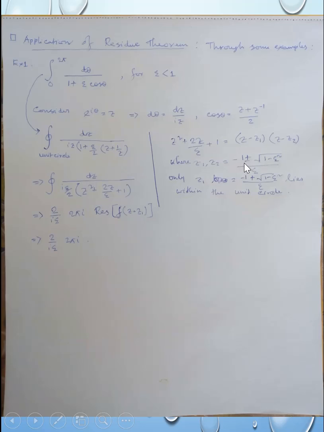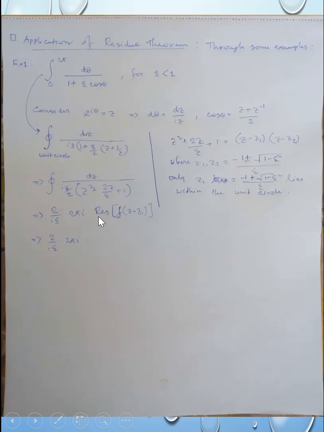Now you have to see whether the roots are inside the circle or not. Only one root, that is minus 1 plus root over 1 minus epsilon square by epsilon, lies within the unit circle. The other one does not. Please verify this at your home.